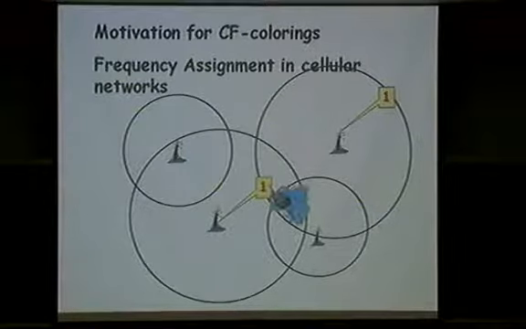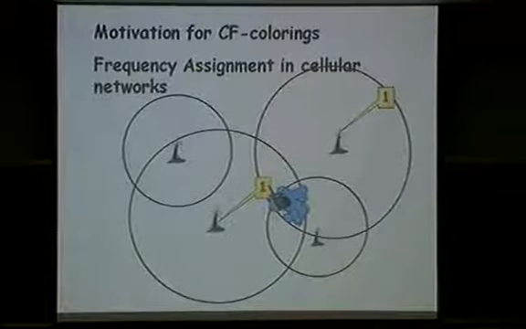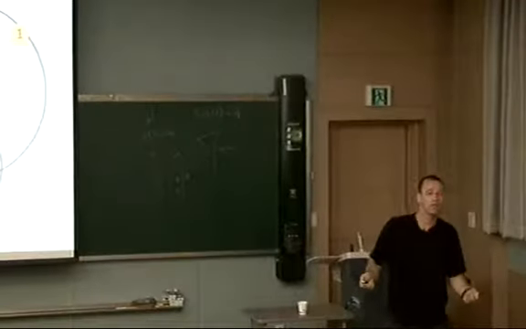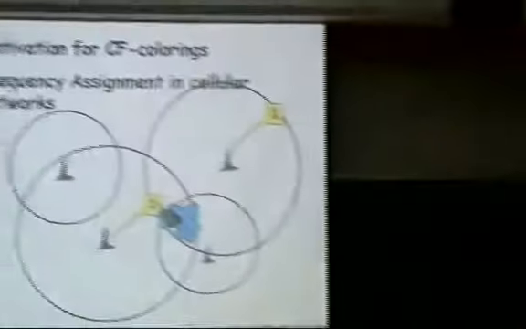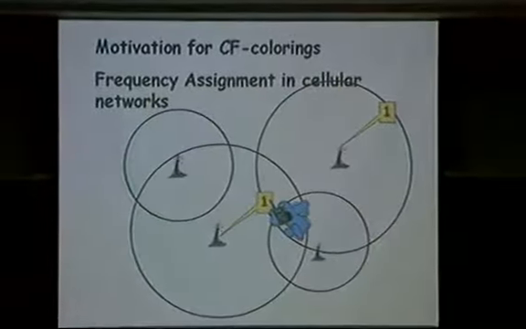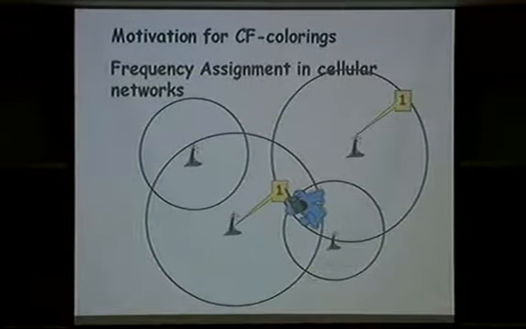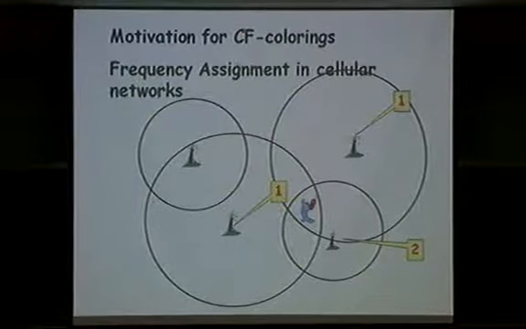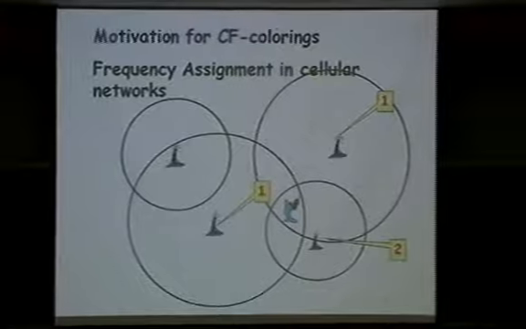Then we have mutual interference, and we have a problem. But we can resolve the problem as long as there is at least one antenna covering the client whose frequency is distinct from all the other frequencies, say 2. So if we give this antenna frequency number 2, then this client can talk to this antenna and has no interference from the others. And we want this property to hold in any possible location.